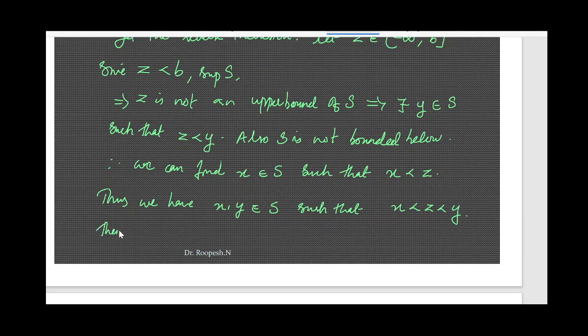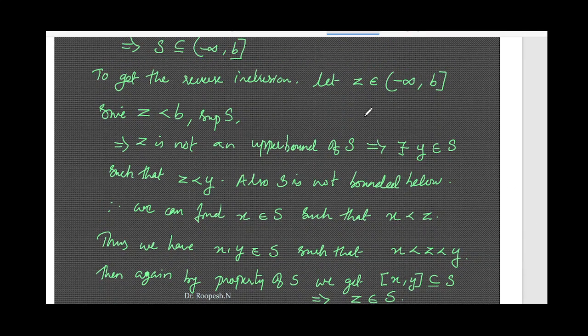Then again, by the property of S, we get the closed interval [x, y] is contained in S. So this implies z belongs to S. From where did you take this z? We have taken z from (minus infinity, b). Now we are getting that z belongs to S.